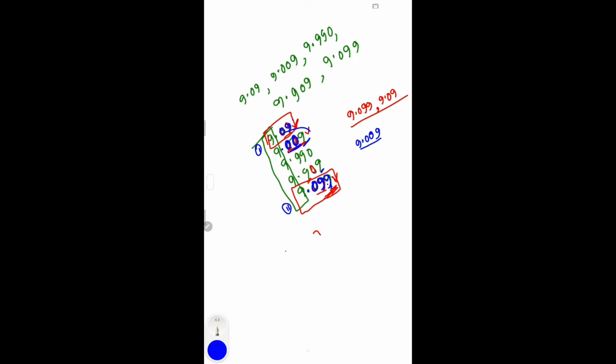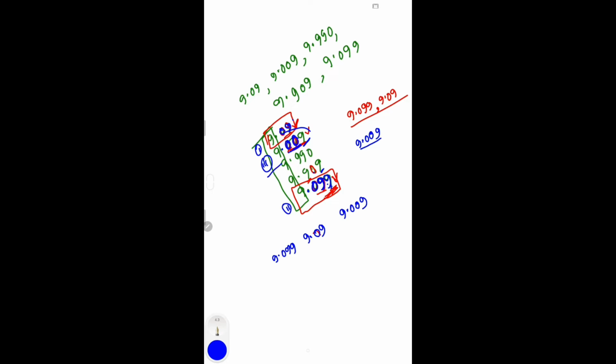So we can write these three numbers in this order: 9.099, then 9.09, and then 9.009. Now we have a descending order of these three numbers.